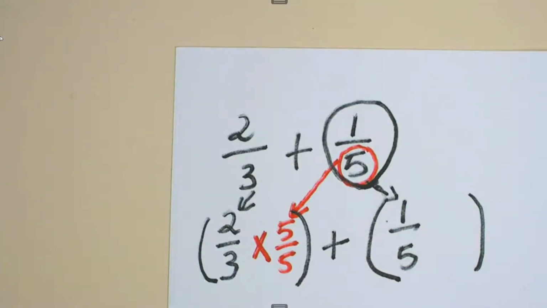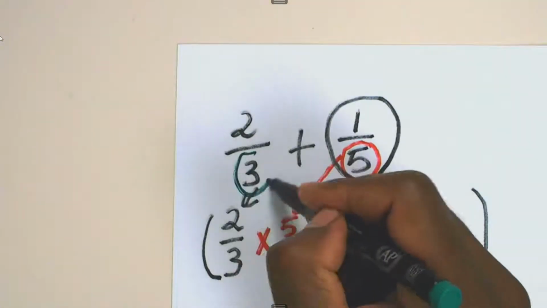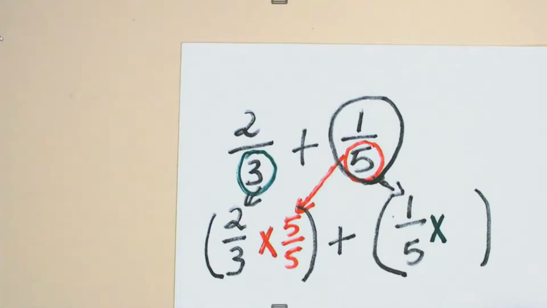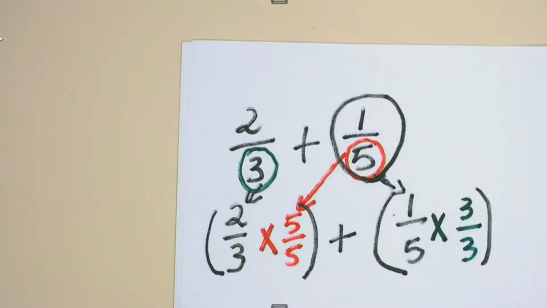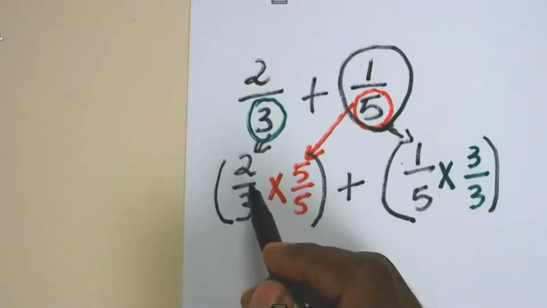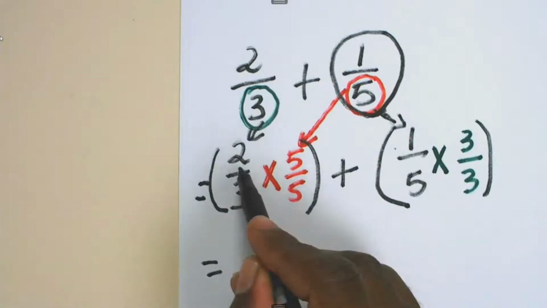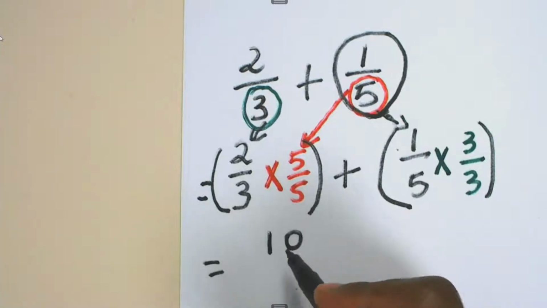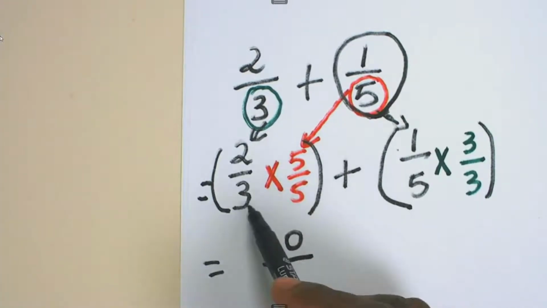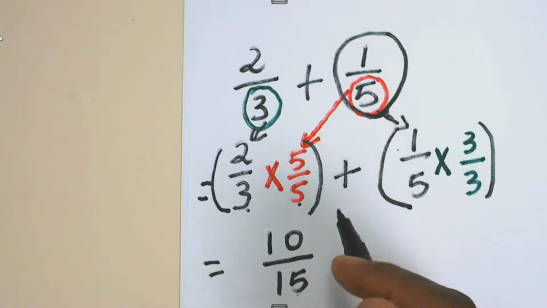Right? Then, on this other side, we will multiply by the denominator of the first fraction, which is now 3/3. Then we say, 2 multiplied by 5 gives us 10, all out of 3 multiplied by 5 gives us 15.